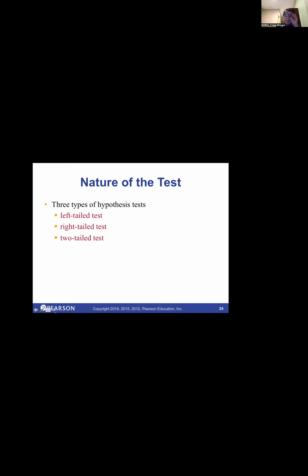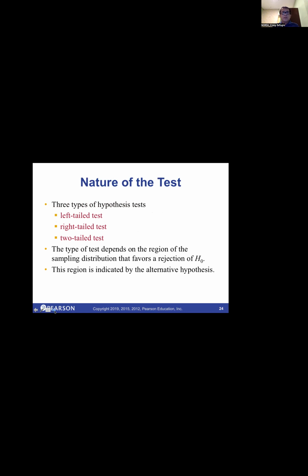Then we go to the nature of the test. When you look at the nature of the test, we have three types: the left-tailed test, the right-tailed test, and the two-tailed test. The type of test depends on the region of the sampling distribution that favors a rejection of H0, and this region is indicated by the alternative hypothesis.